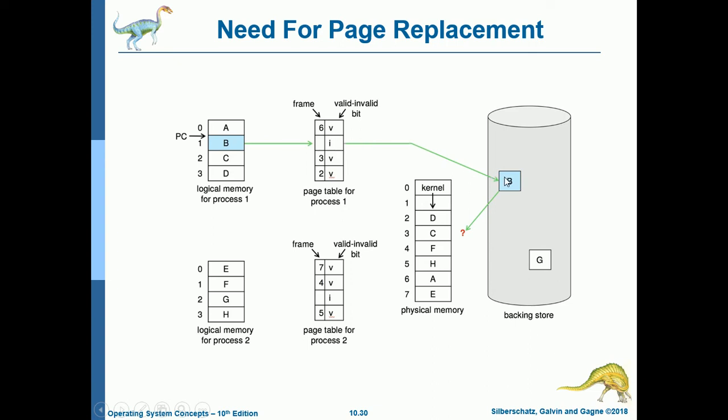After that, from the backing store, the data B will be fetched, and of course, if physical memory is already full, which of this data will be swapped out? That's the question. This is an example of the need for page replacement when physical memory has no free space.